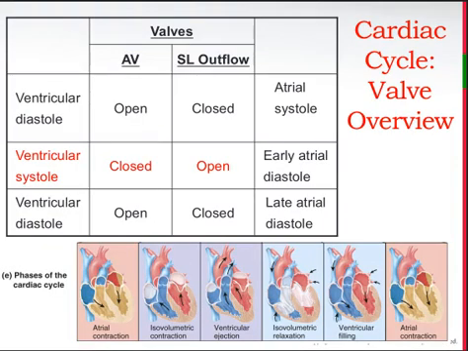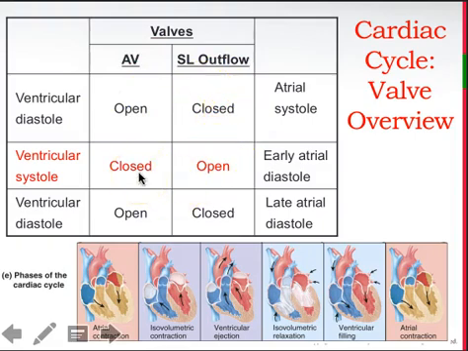This is a nice little summary slide. It's an overview of what's happening in the valves during systole and diastole. At this point in time, ventricular diastole, which is the same as atrial systole, the AV valves are open. Remember, these ventricles are relaxed, the atria are contracting, the AV valves are open to allow that blood flow, and the semilunar valves, or the outflow valves, are closed.